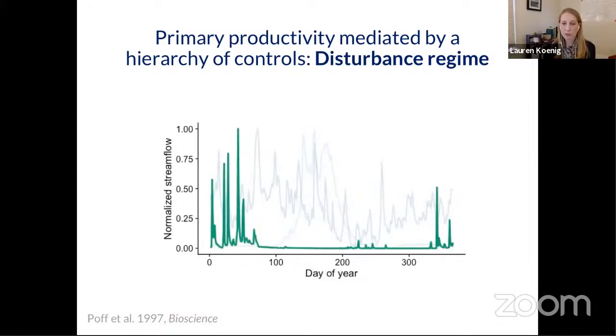Or it could be characterized by long periods without storm events, like in this arid land stream in Arizona, where storm events are generally restricted to the winter months or possibly the summer monsoon.